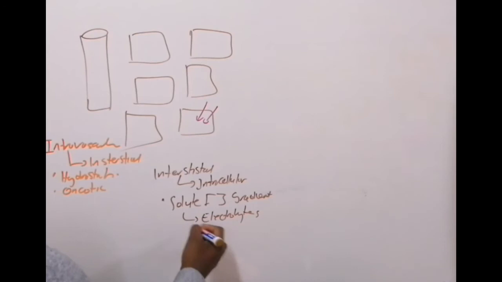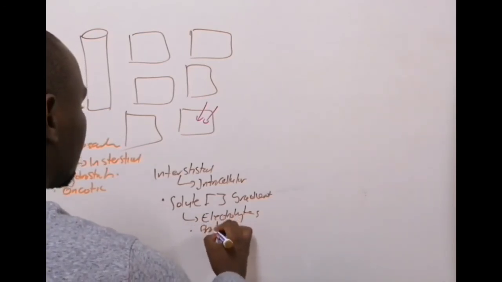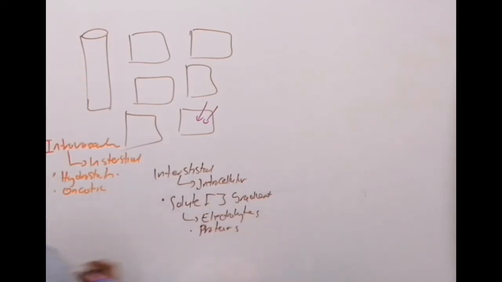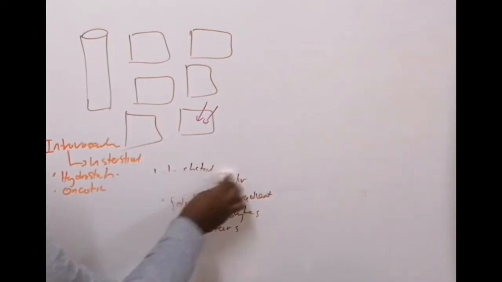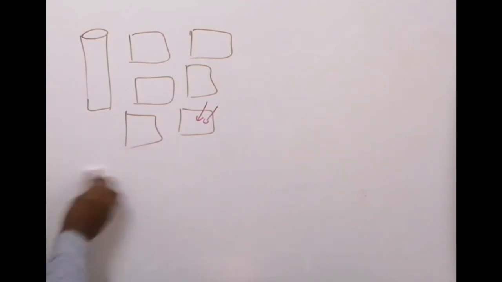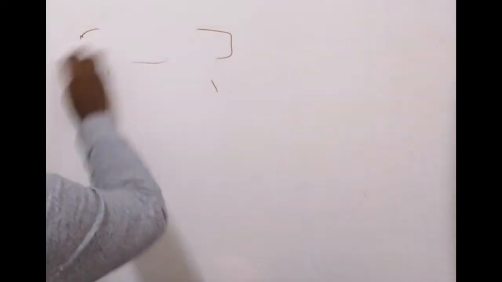You also do find other substances like your proteins mainly, right? Okay, I'm going to clear the space again, just to create a space for us. Maybe we should talk about this concept first.